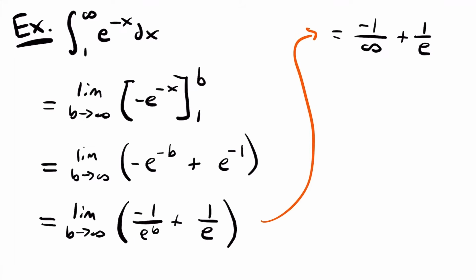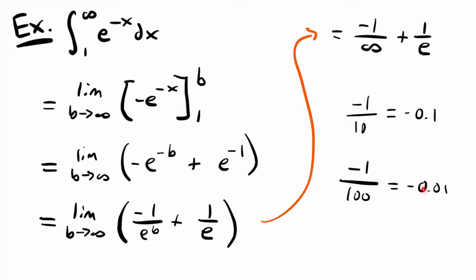But remember, when you have a fixed value divided by an infinite value, that term is going to become 0. When you increase the denominator of a fraction, that fraction is going to become smaller and smaller towards 0. Right? -1 divided by 10 is equal to -0.1, but -1 divided by 100, which is a larger denominator, would be equal to -0.01.